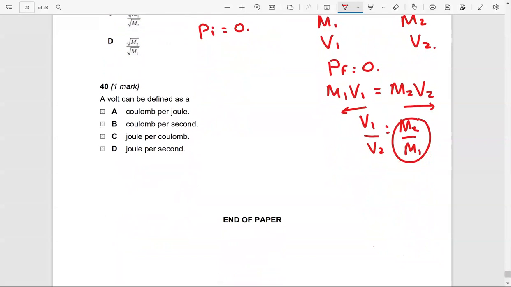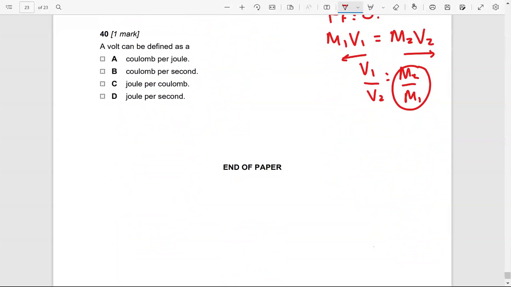And then the final question is looking at units. A volt can be defined as, so we need to know our formulae. The options are A, charge divided by energy, B, charge divided by time, C, energy divided by charge, and D, energy divided by time.